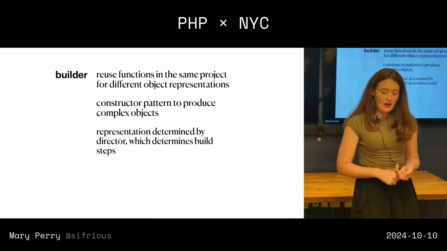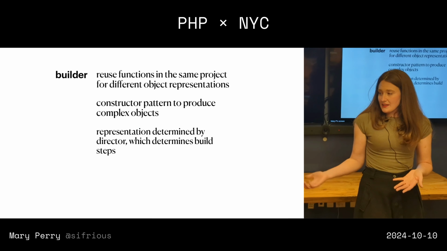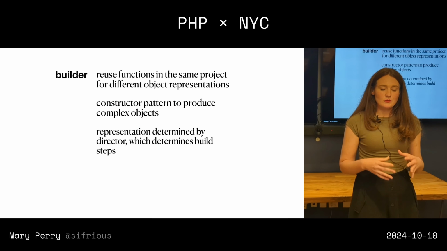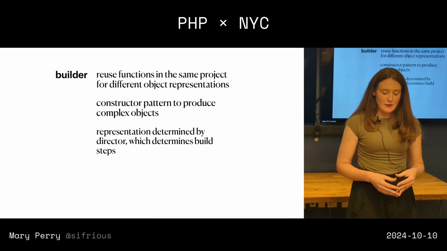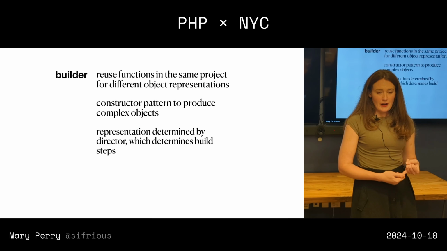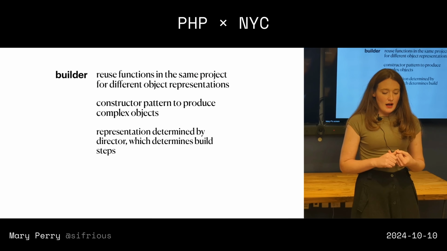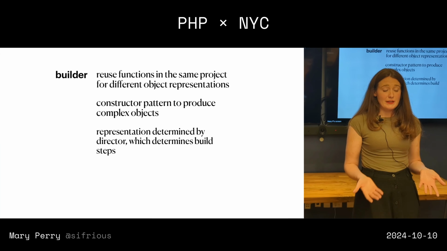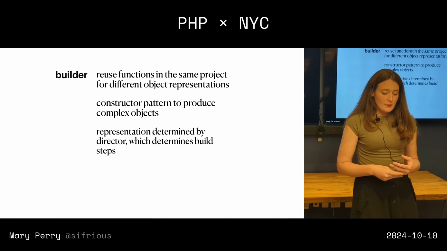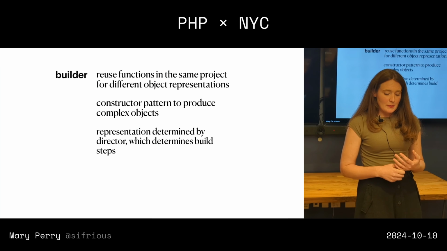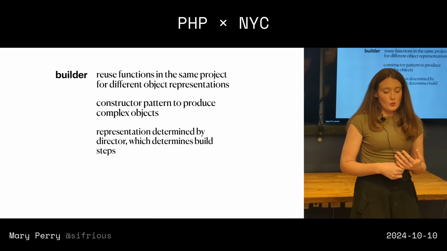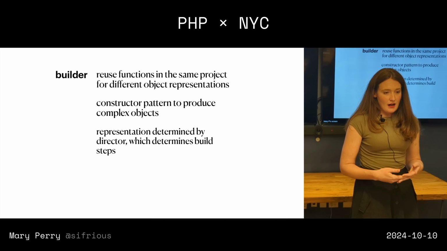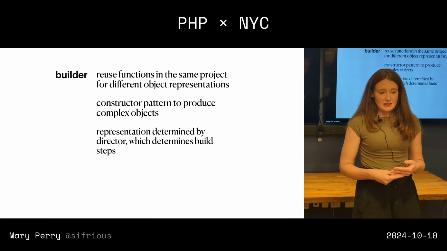So again, in this way of looking at this pattern, it's not really a classical implementation of it, but we are reusing functions for different object representations. We do have a constructor pattern that we're going to use to produce something potentially very complex. And we have a representation determined by the director, which, if we look at it as the kernel, also stores the middleware and contains a lot of different functions to operate on it.